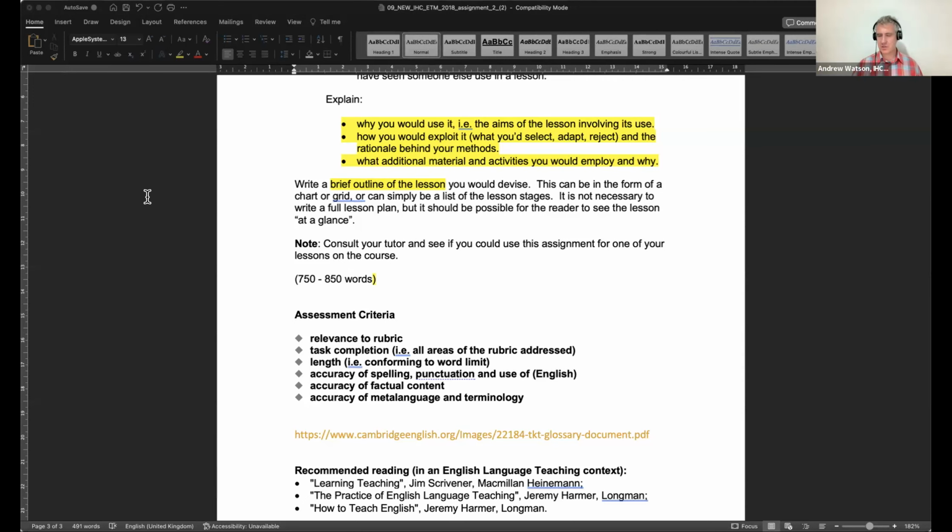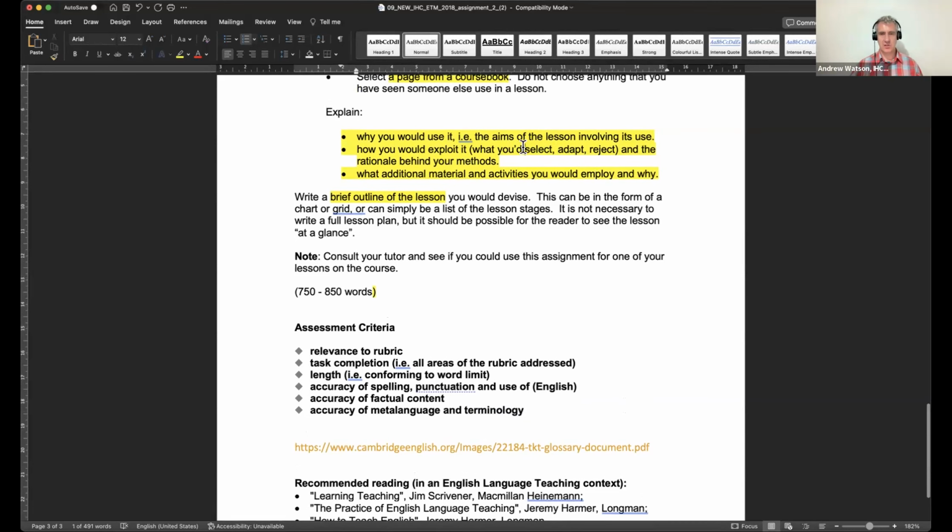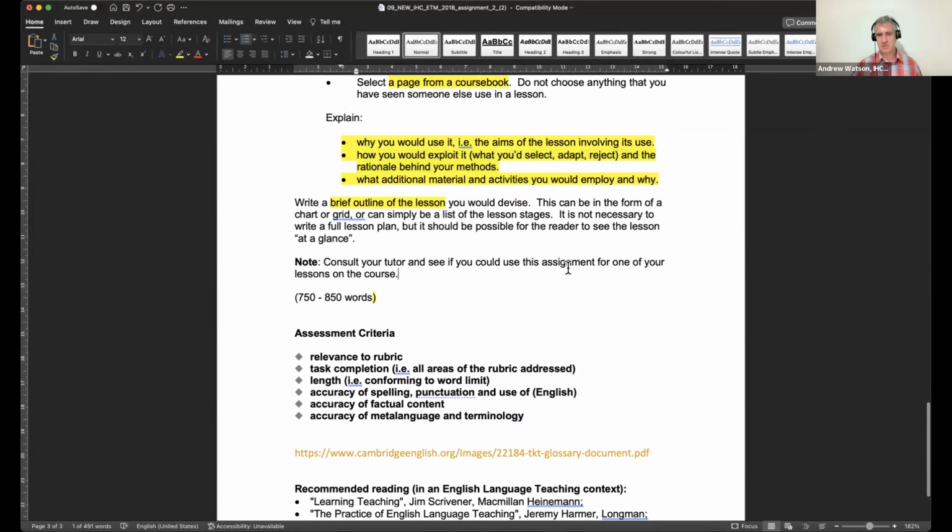That's accurate meta-language, isn't it? Yeah? And terminology, well, this could be the right sort of terminology to describe the stages of the lesson. Or it could be the right terminology that we're using to describe the selection, adaptation of materials.